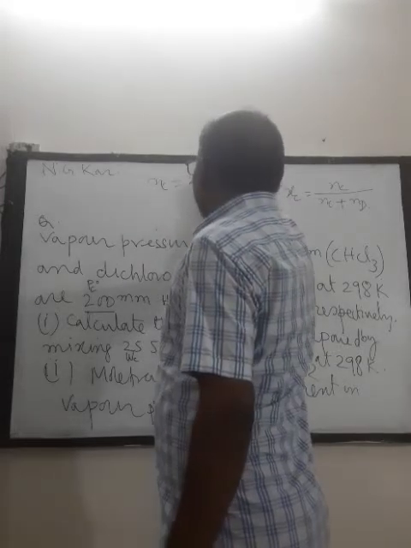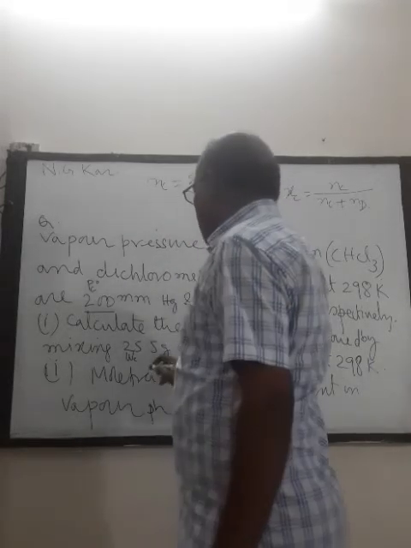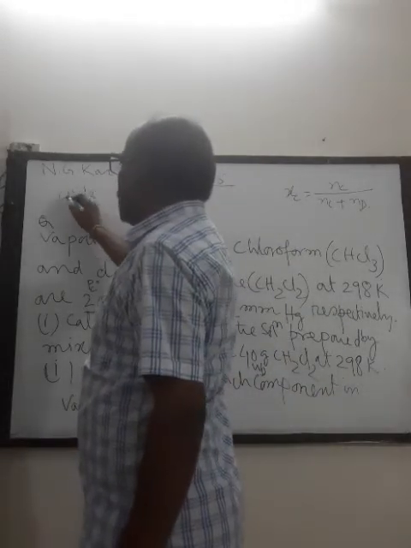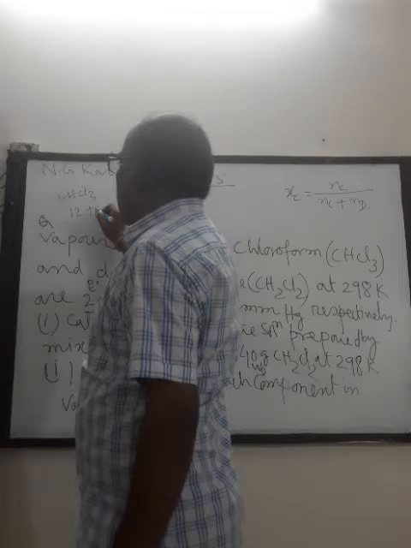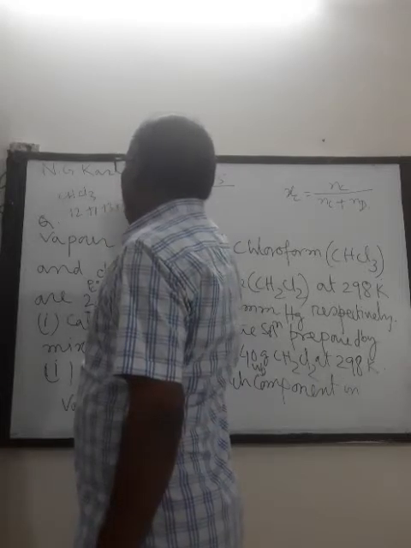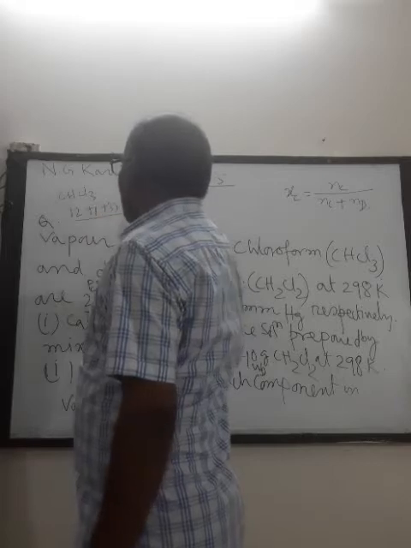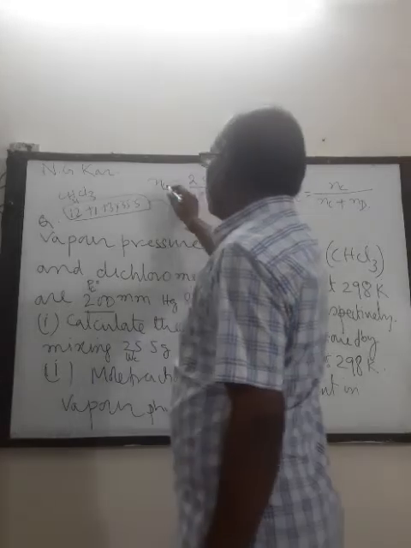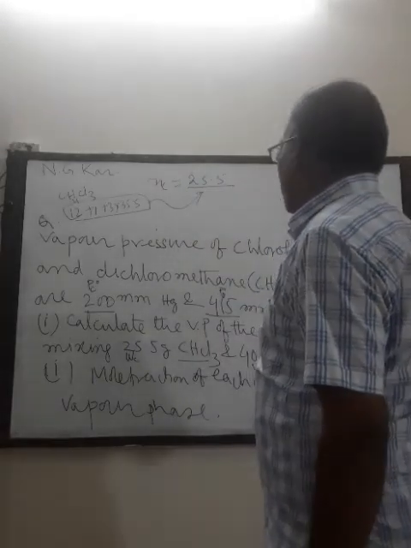Its mass divided by molar mass. What is the molar mass of CHCl3? Carbon 12, hydrogen 1, 3 chlorine, 3 into 35.5. So this is the molar mass of chloroform. If we put this number here, we get the number of moles of chloroform.